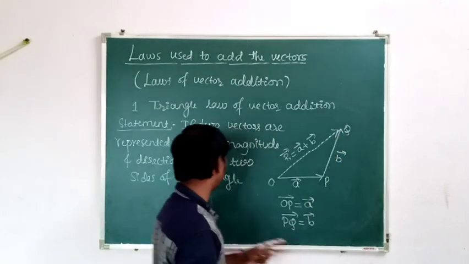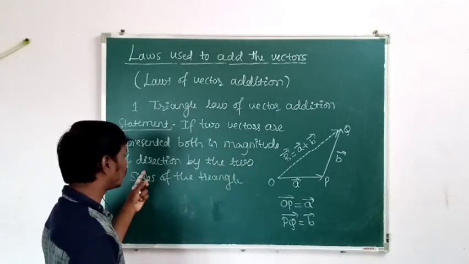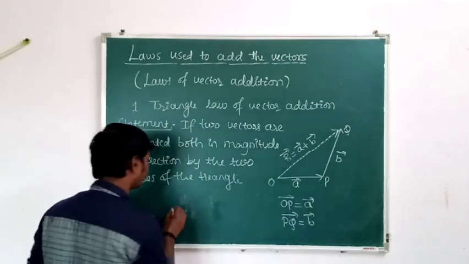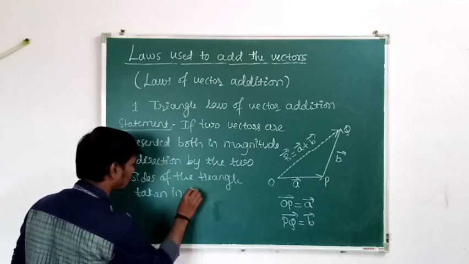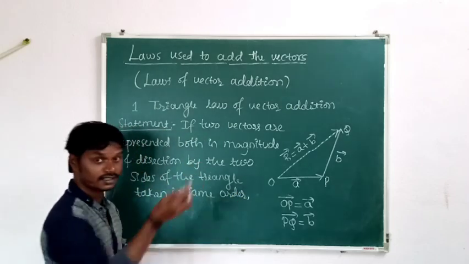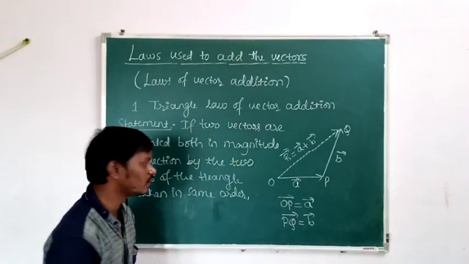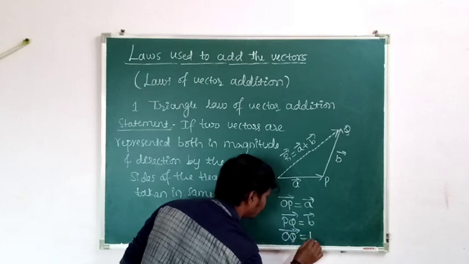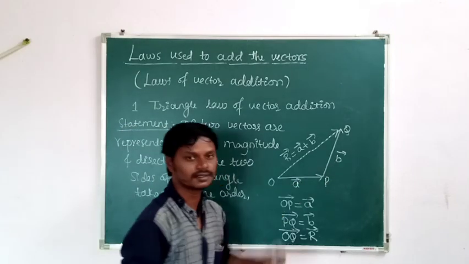If two vectors are represented both in magnitude and direction by the two sides of a triangle taken in the same order, then their resultant can be represented by the third side of the triangle. What is the third side of the triangle? That is OQ. That is vector R, the resultant vector of vector A and vector B.